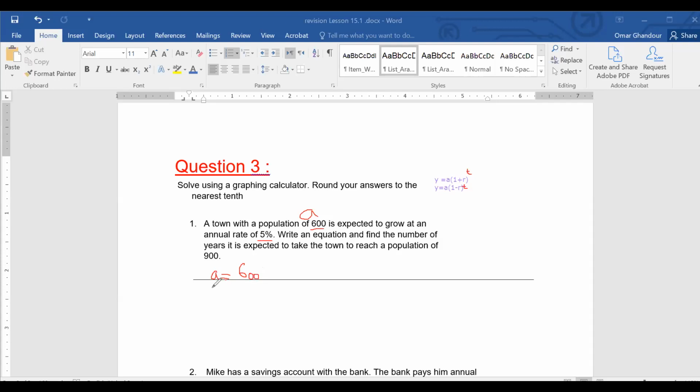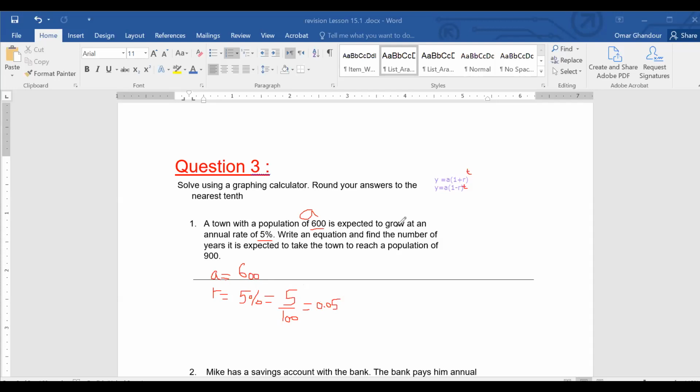My R is 5%, and I don't deal with percent, so to get rid of the percent I'm just going to divide by 100. So 5 over 100 is equal to 0.05. So we found our R.